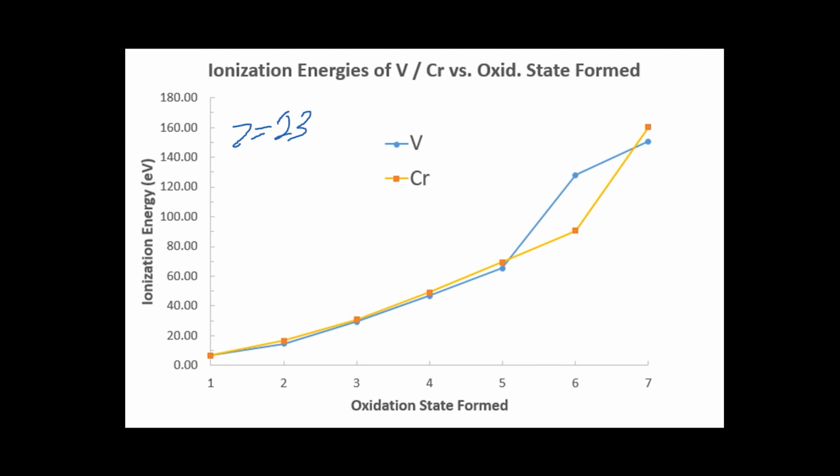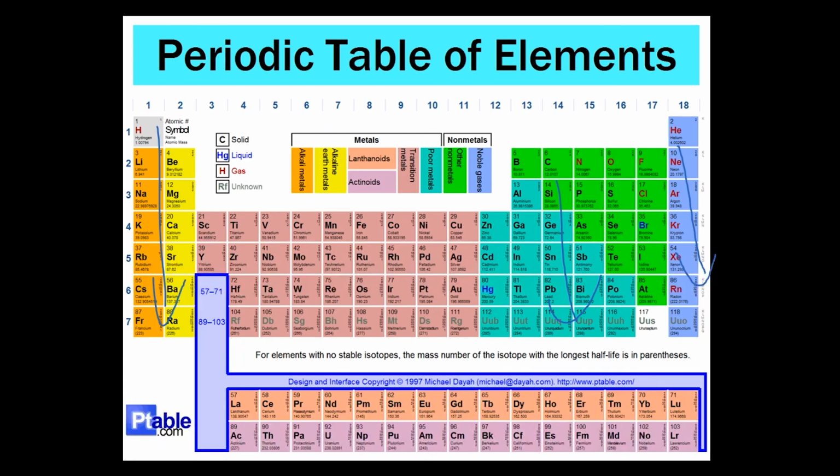The first one is about this much, and it goes 23 to 22, 22 to 21, 21 to 20, 20 to 19, 19 to 18. At this point, when you have 18 electrons, it's the noble gas configuration.